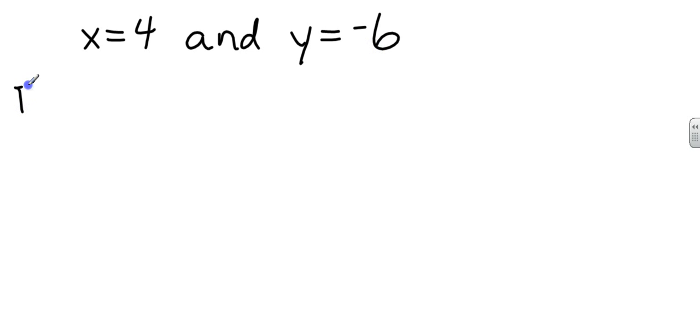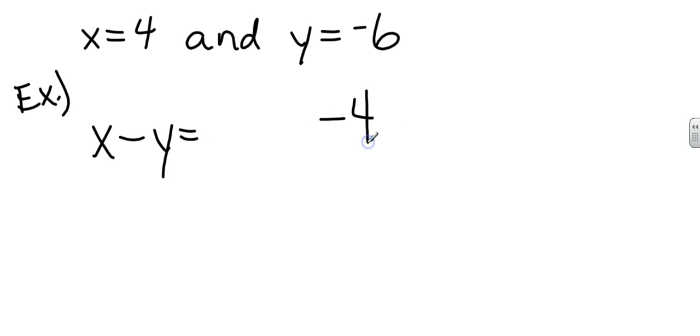Let's look at two examples. Let's look at x minus y. And then let's look at negative 4 minus y.